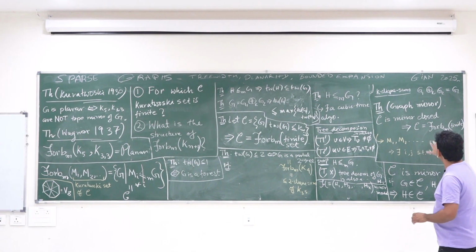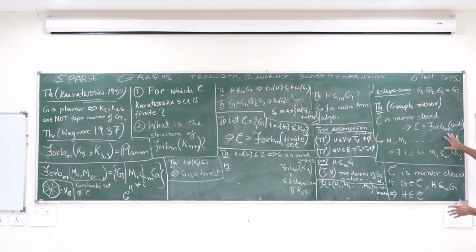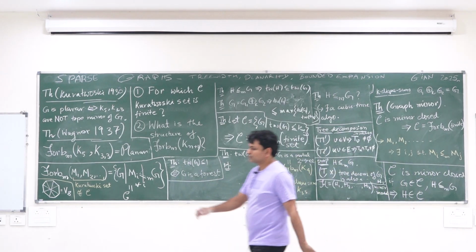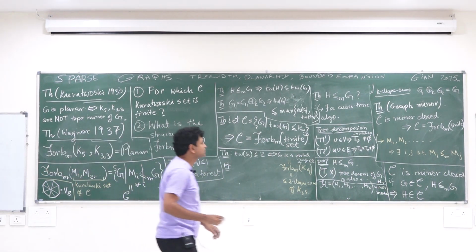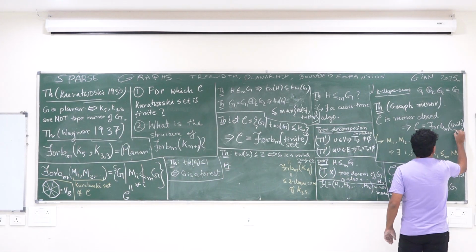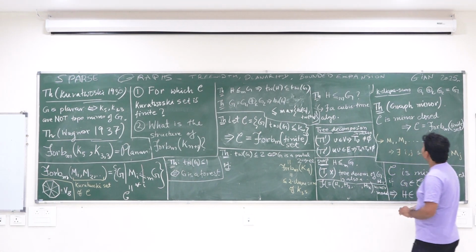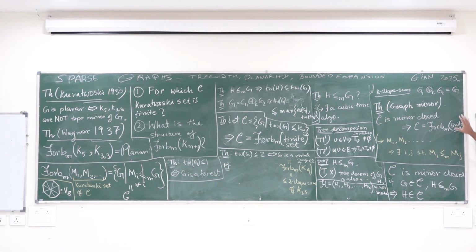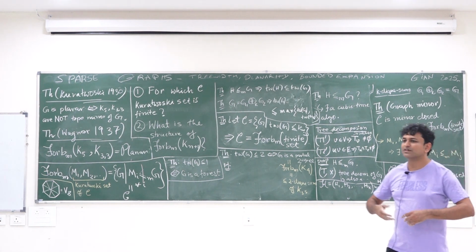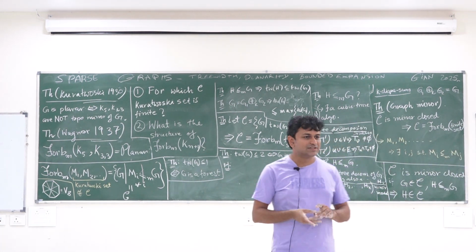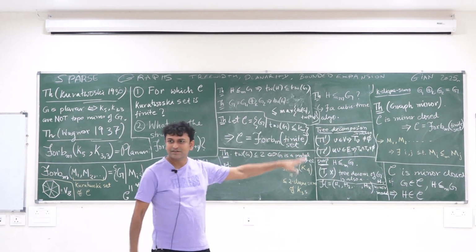Yeah, so, graph minor theorem is here. I should also add this set. Usually this graph minor theorem is stated in the language of well-quasi-ordered sets, which is essentially that.